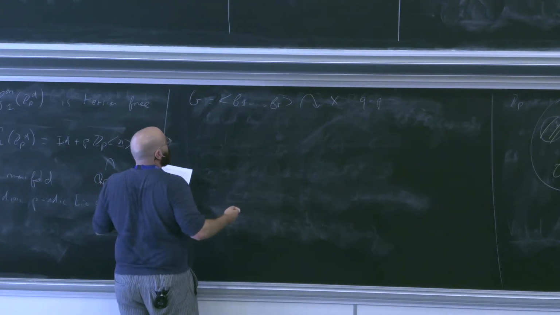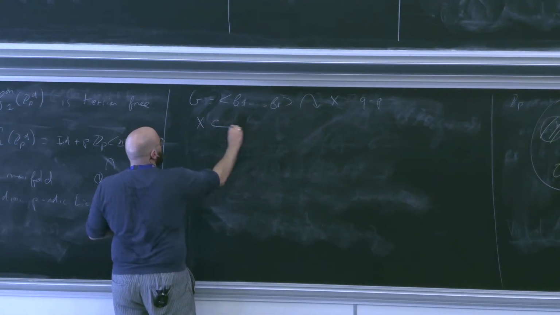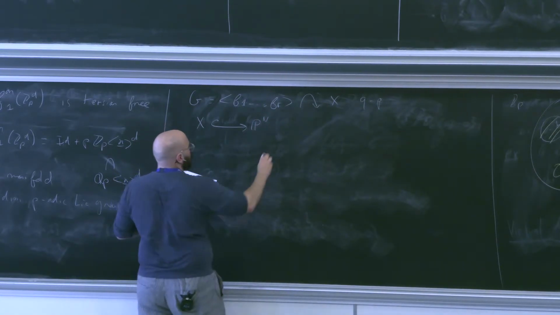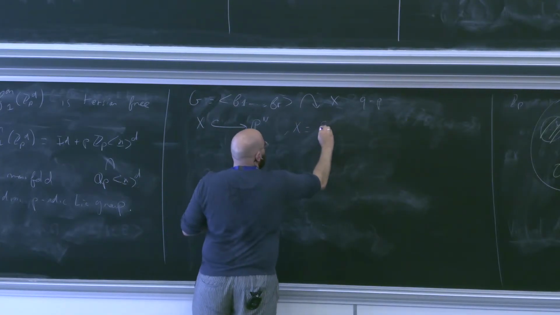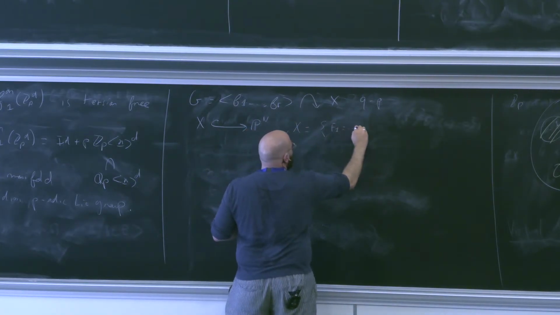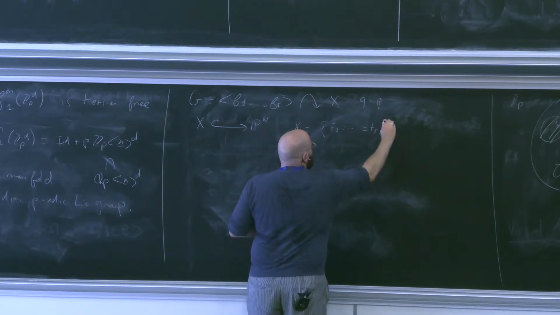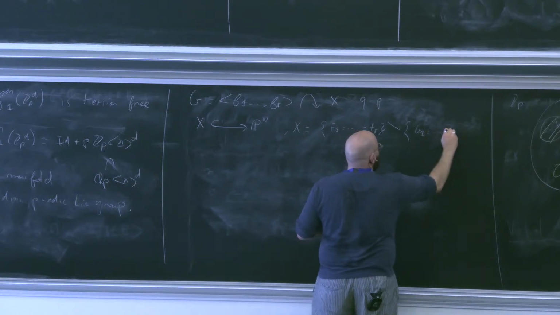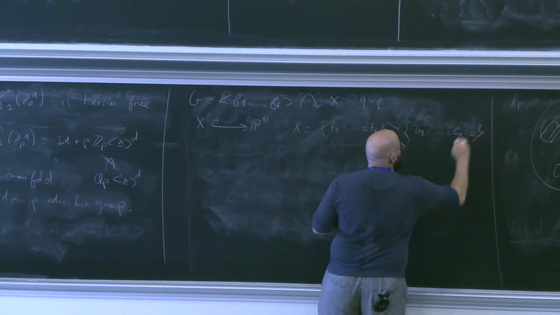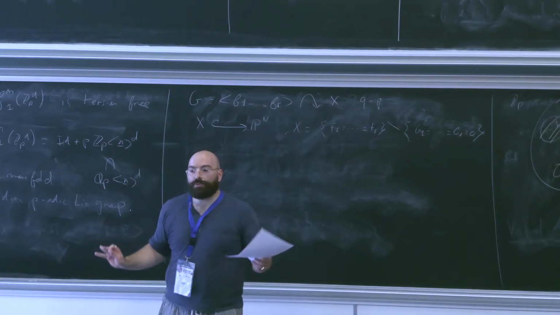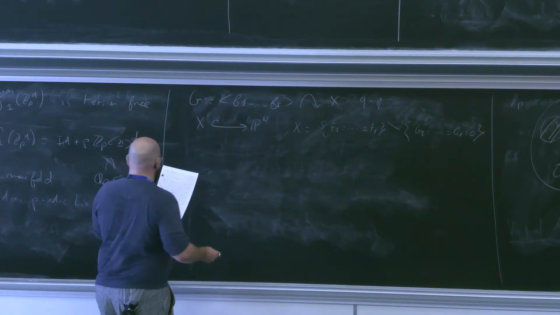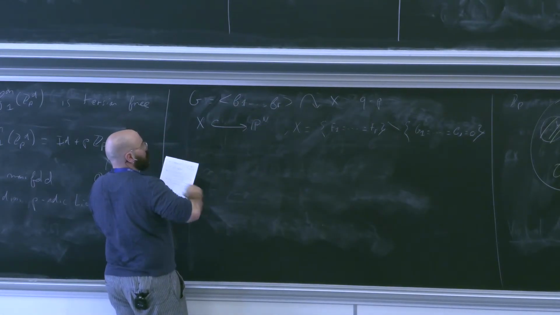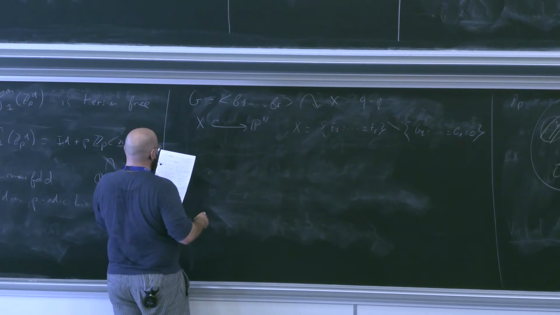So the thing is, you can embed X into P^n, and then X is given by homogeneous polynomial equations, and since it's quasi-projective, you also have to remove some. So this is a finite set of data, right?